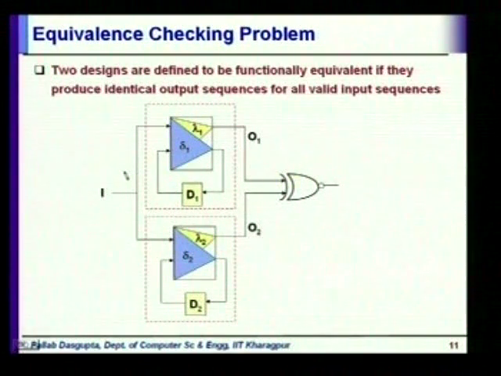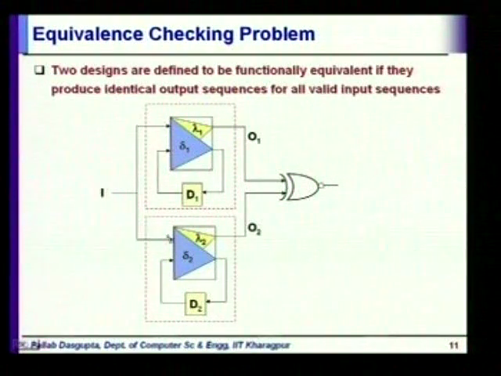So now with this background, let us start looking at the problem of equivalence checking of circuits. So far we have just been talking about state machines and their acceptance conditions and equivalence and products. We now look at the equivalence checking problem for sequential circuits.